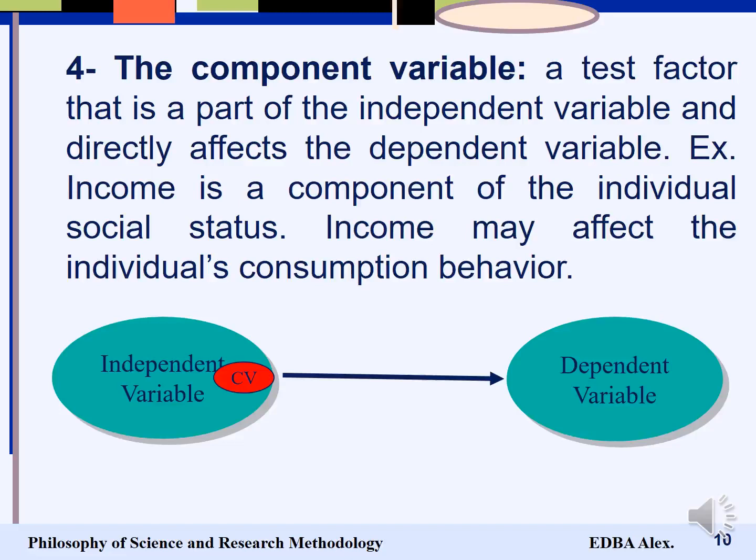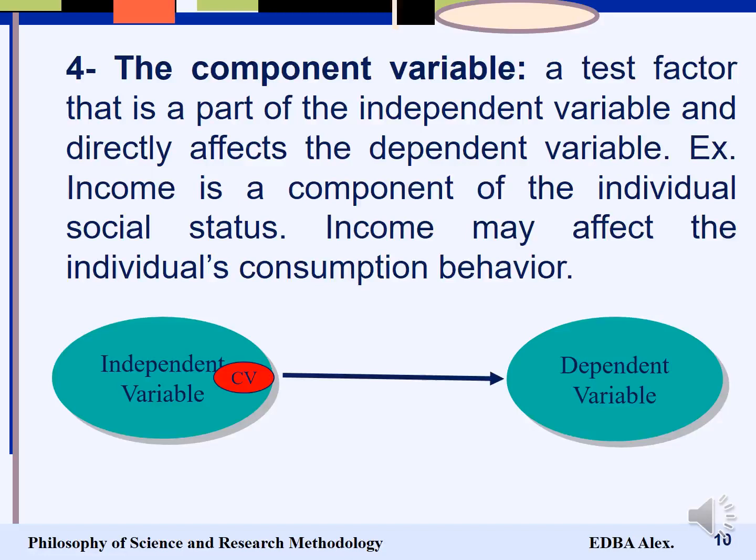So this is why we may say that memorizing, understanding, analyzing, criticizing, these are the skills that control or affect the dependent variable, which in our case here is academic performance. So this is called a component variable.